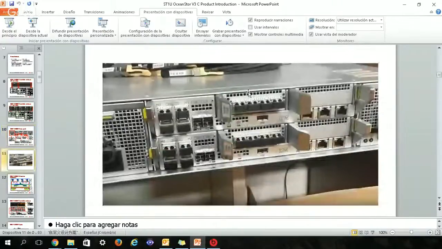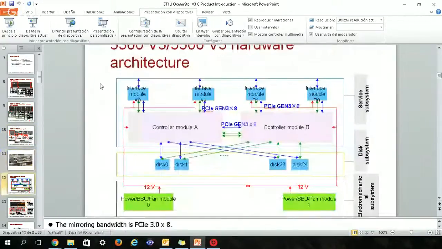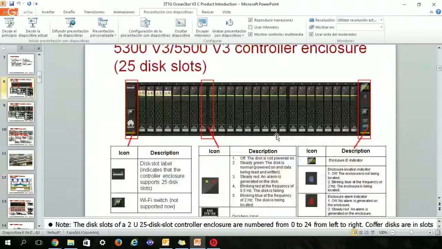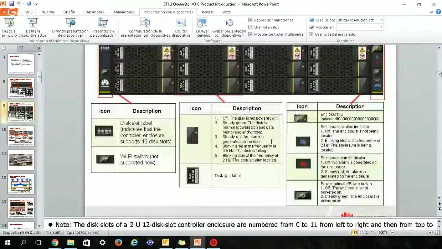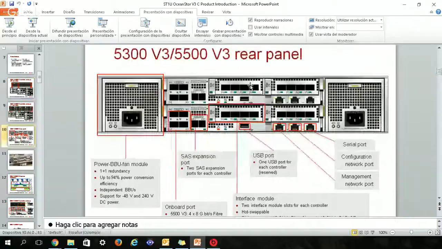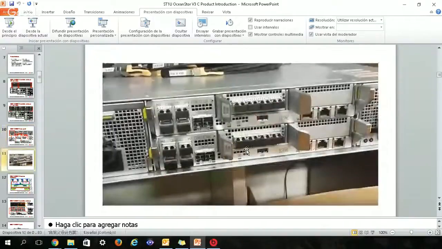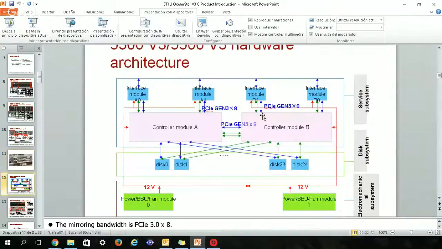So like I said, we've got a couple of interface modules, one on the left and one on the right. Basically there are different types of flavors there. On these units, this is not enabled or installed by default, so if you want to have it, you need to purchase it.